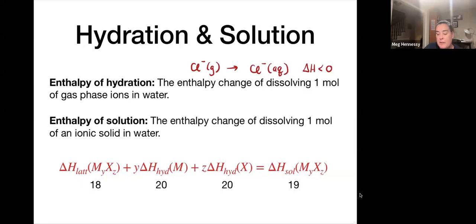We get the great inner particle force of the ion with the dipole of water. And so due to that good interaction, we're going to release energy when we let the chloride ions swim around in the water. The enthalpy of solution is about taking 1 mole of a solid ionic compound and dissolving it in water.